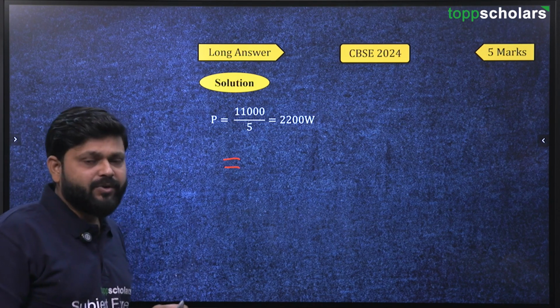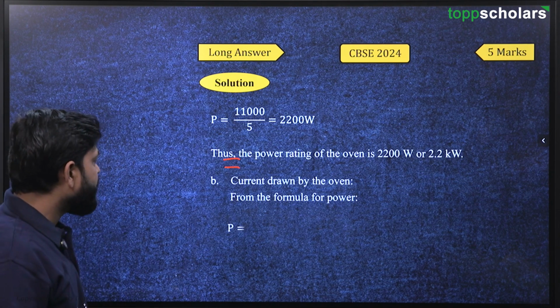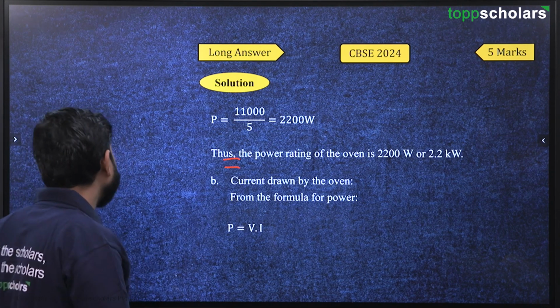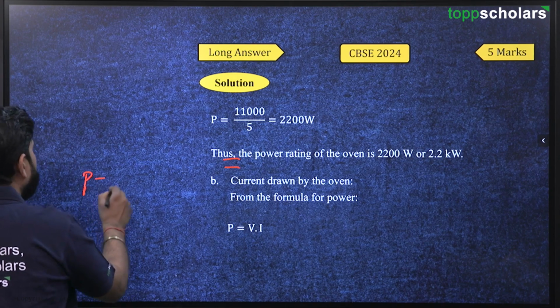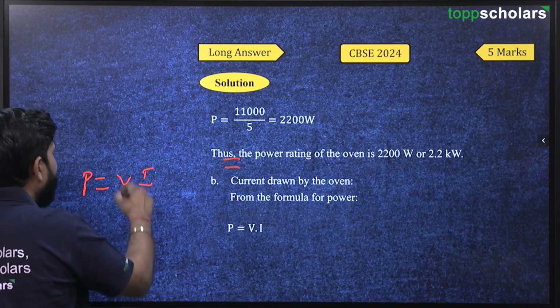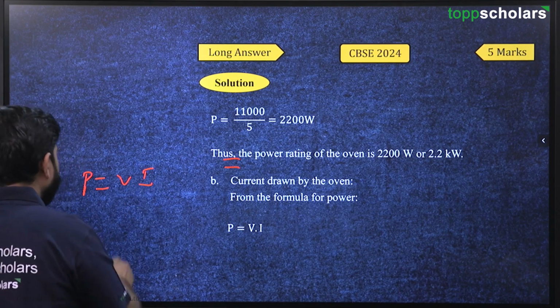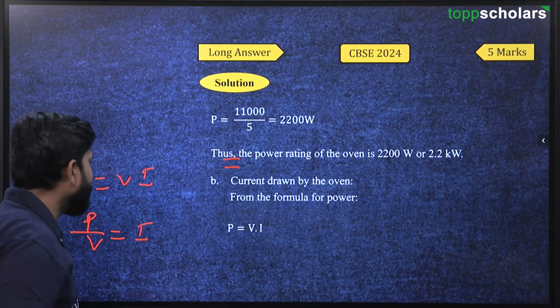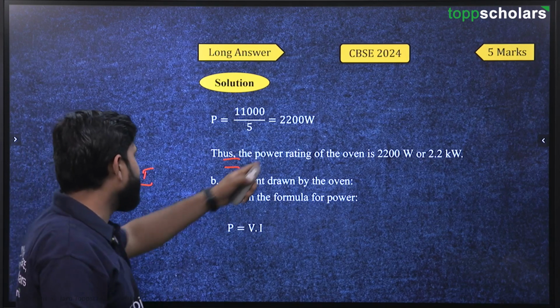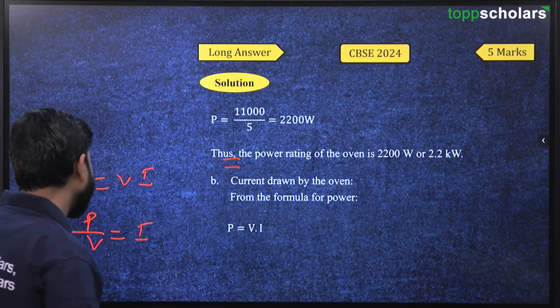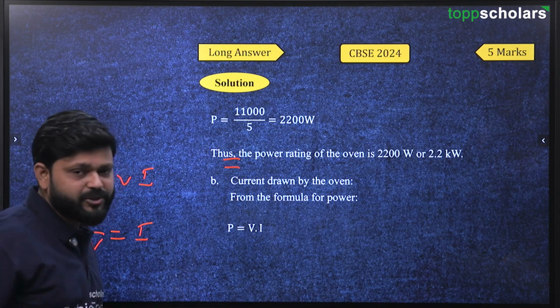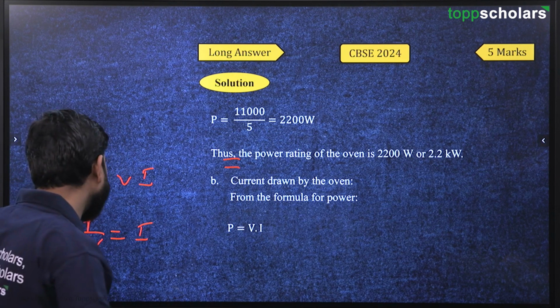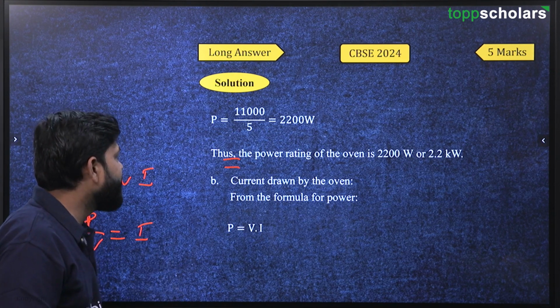The second part is we have to find the current. P equals VI, we know. Now I equals P upon V. The power that we have calculated is 2200 watt, and we also have the potential difference, which is also mentioned in the question.